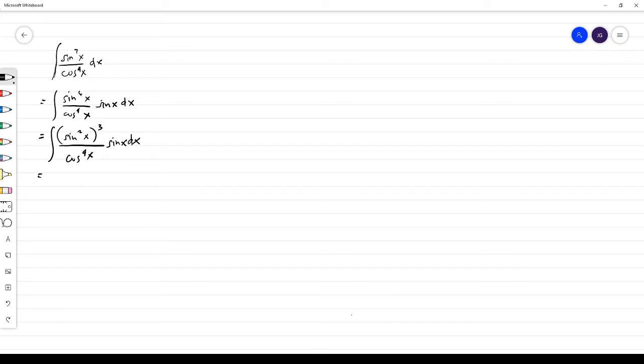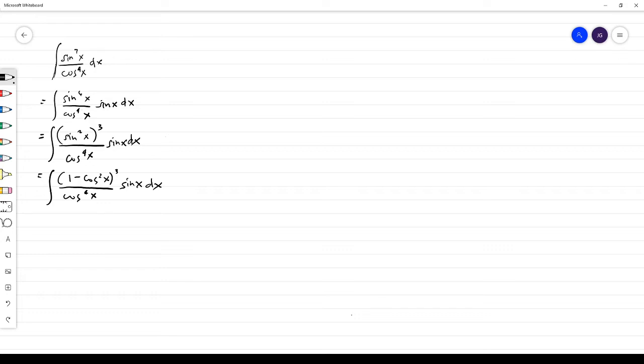Because sine squared x is equivalent to 1 minus cos squared x. Then this is also raised to 3. And we have sine x dx over cos raised to 4x.